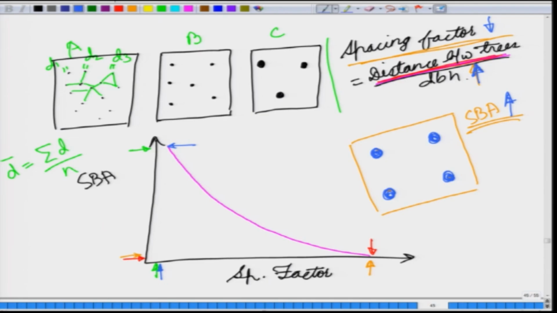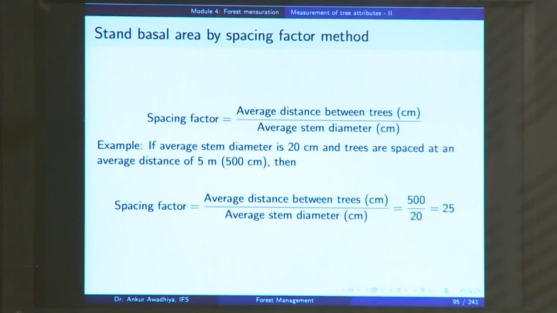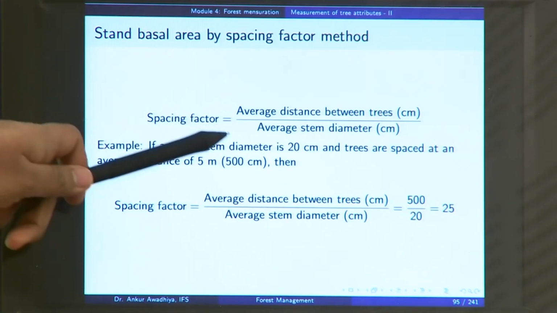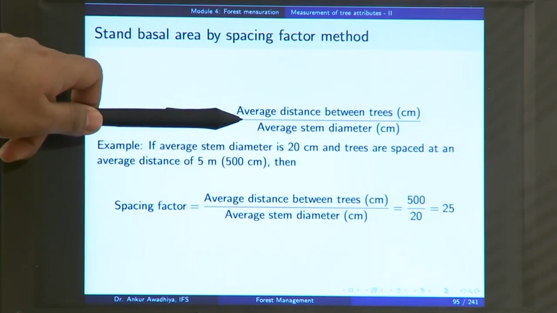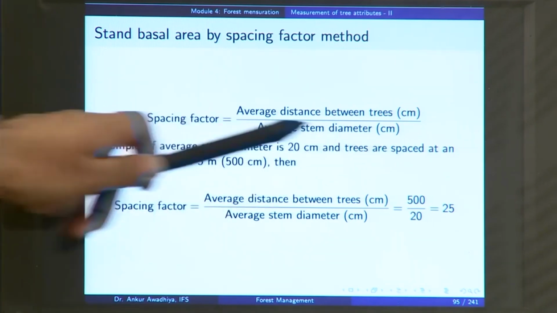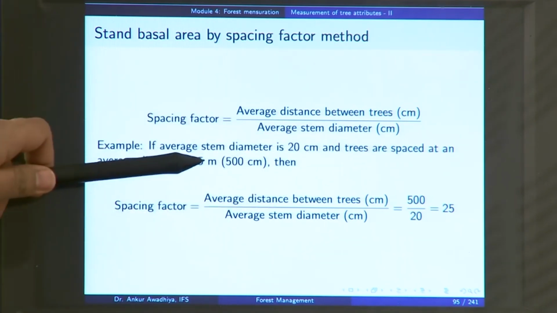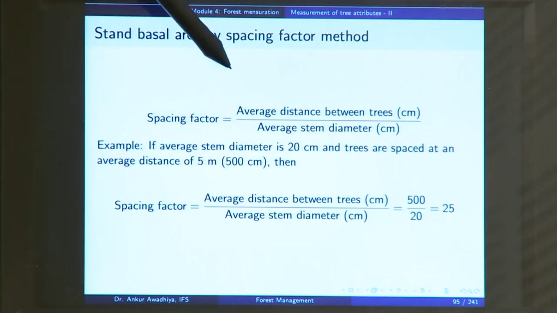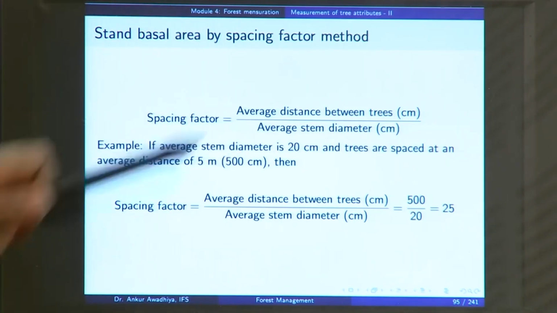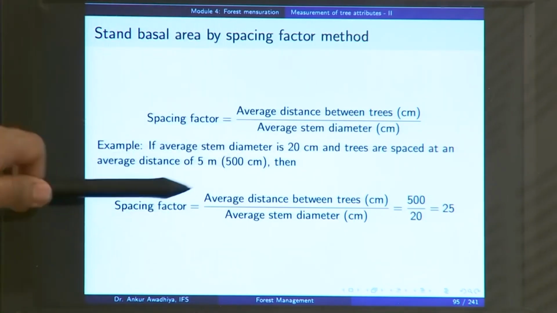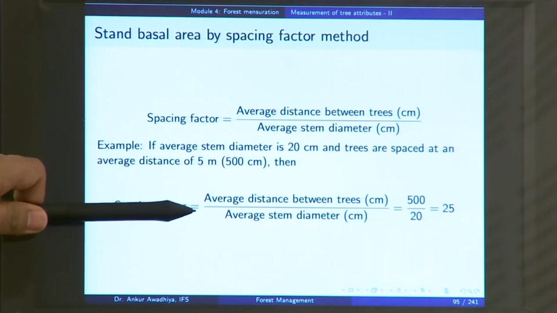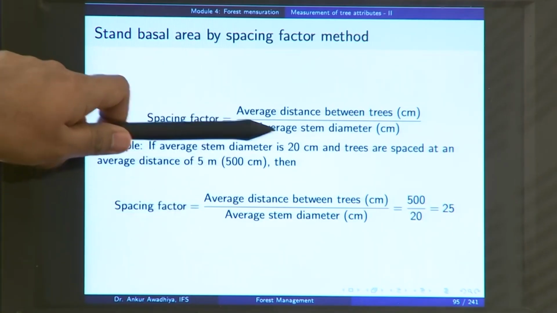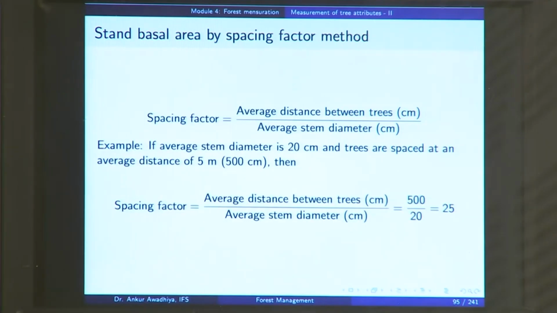Now, let us look at an example. If the average stem diameter is 20 centimeters, so you have an average DBH of 20 centimeters, and the trees are spaced at an average distance of 5 meters or 500 centimeters, this is the numerator, then the spacing factor is given as the average distance between the trees divided by the average stem diameter, 500 divided by 20, which is 25.